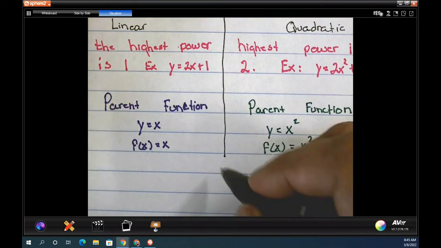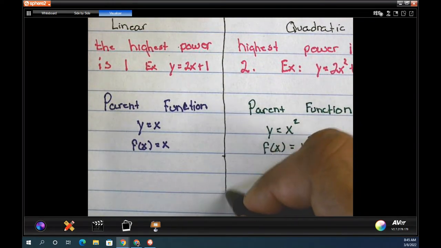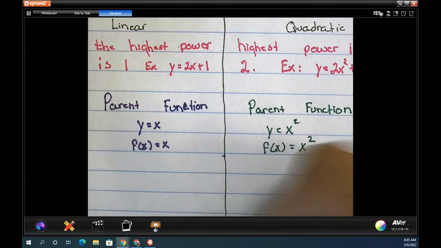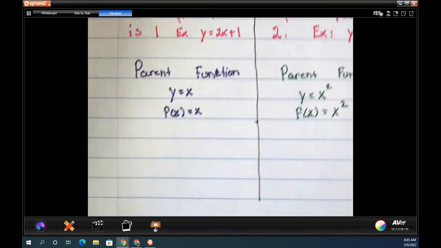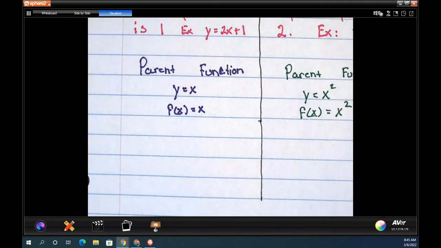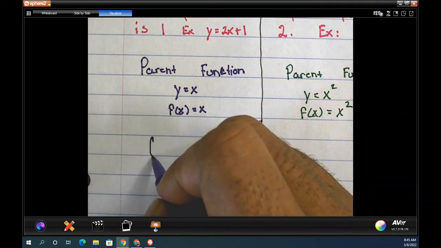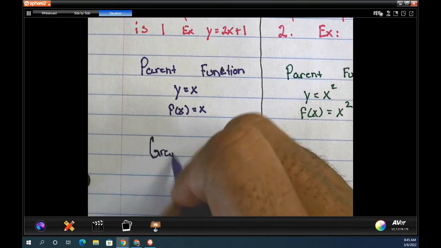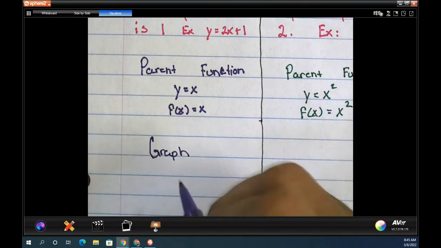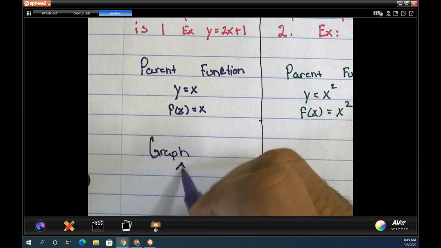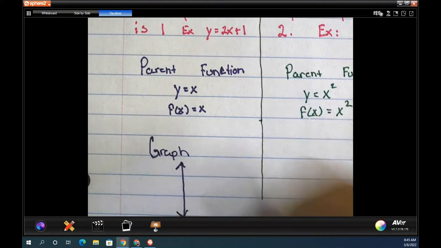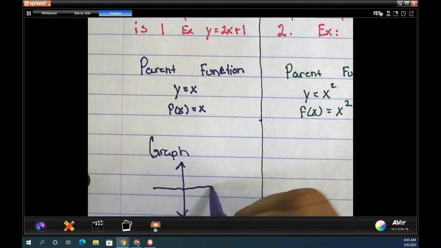Let me make some more room. If you need to go on the back, go ahead. Okay, let's talk about the graph, and we're going to do it from the parent function's point of view. Draw your little graph.